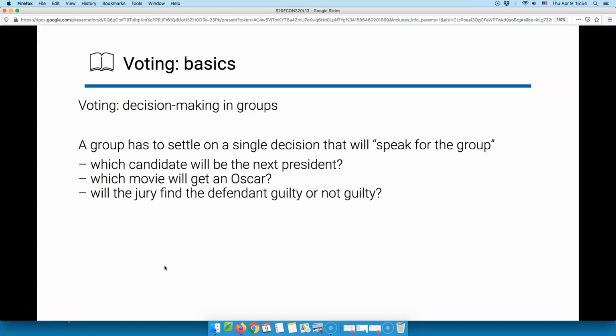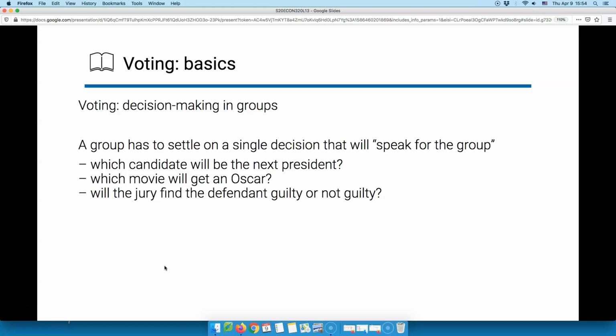So here's the idea. Think about a voting situation as any situation where a group has to make a decision. And I'm just going to follow the language of the textbook, and that decision has to speak for the group. That is, you need to settle on one particular alternative, even if you personally don't like that alternative best. Examples of voting decisions could be determining the next president in presidential elections or any other kind of elections in general, or determining which movie will get an Oscar.